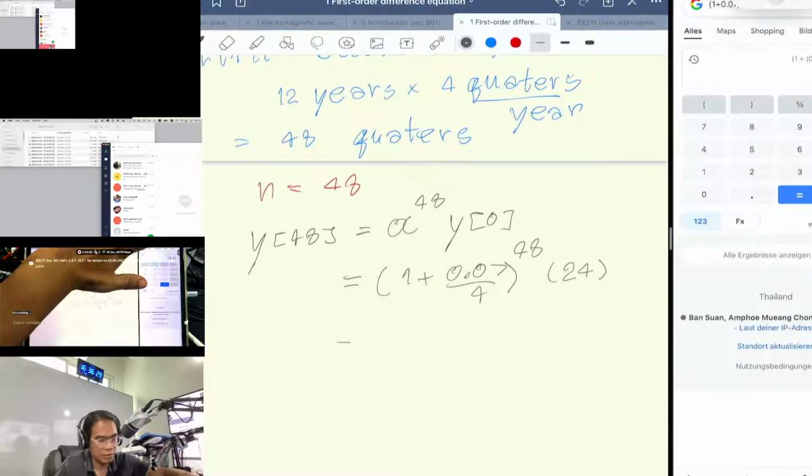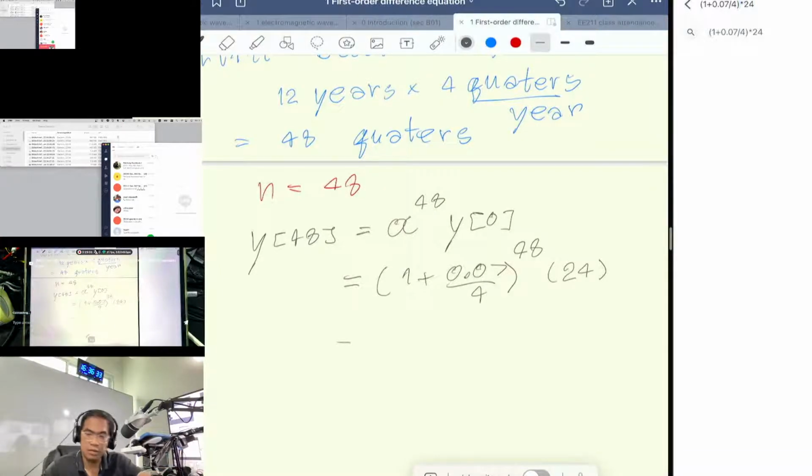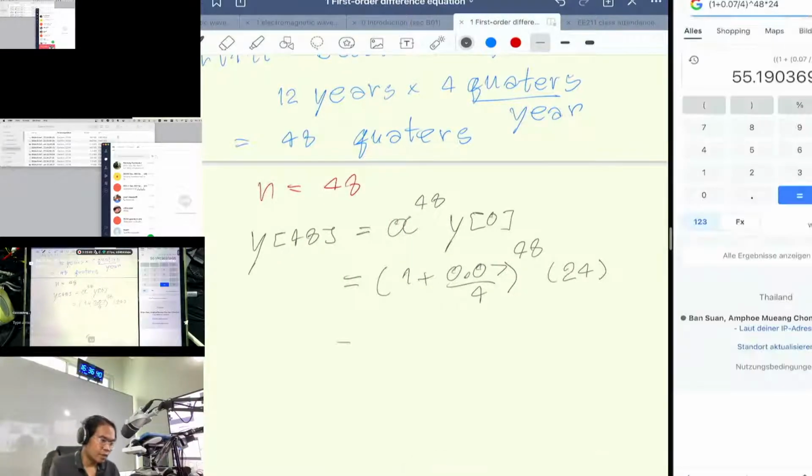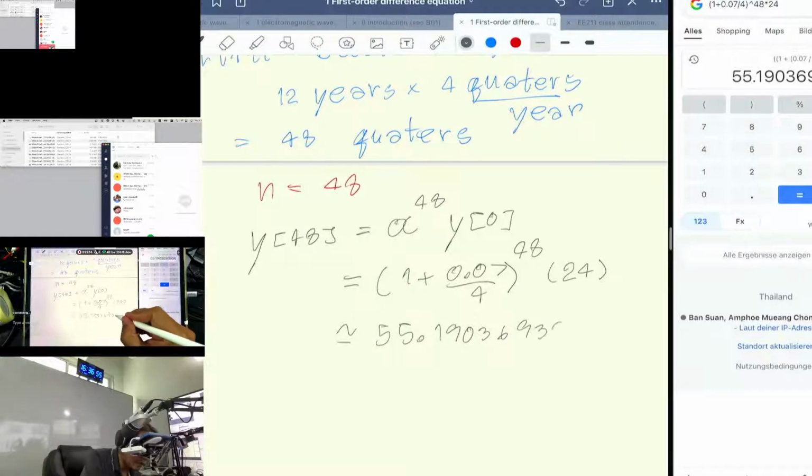It's approximately 55.1903693856 and so on, Thai baht.